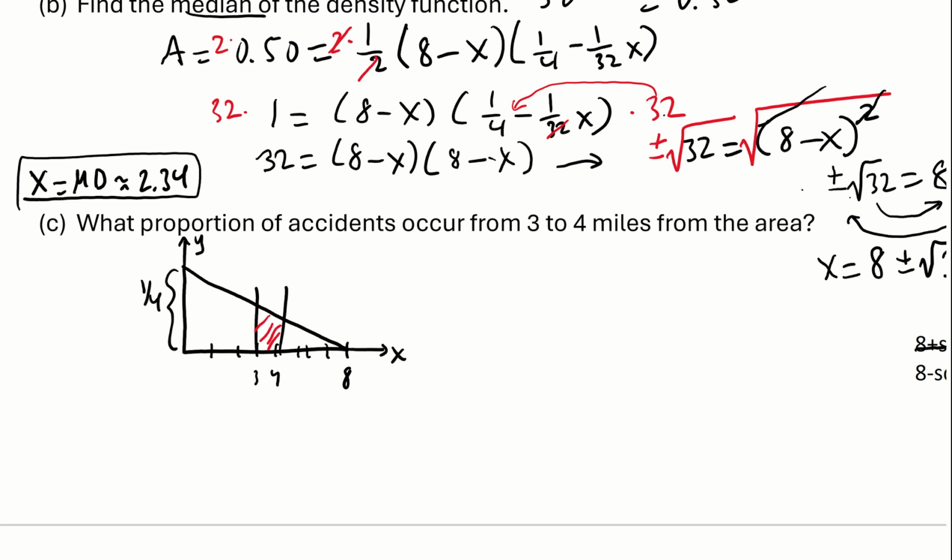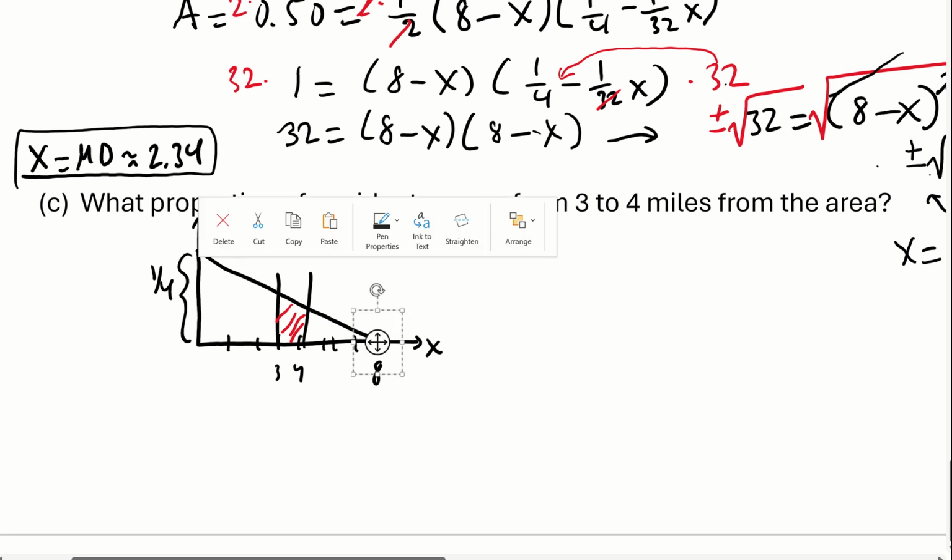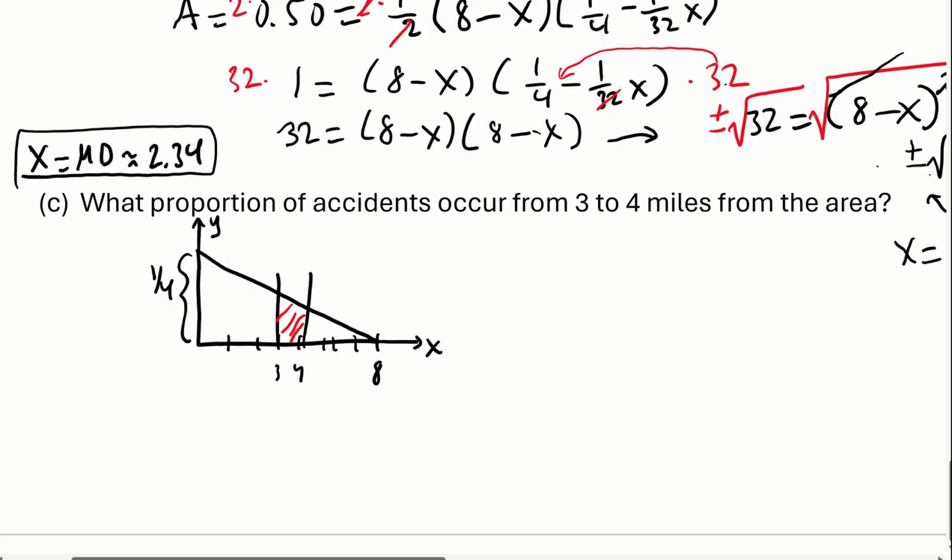Now, this is a trapezoid. I'm going to make this a little bit bigger and put 4 over here, just to make the trapezoid look a little bigger. So we want to focus on that area.